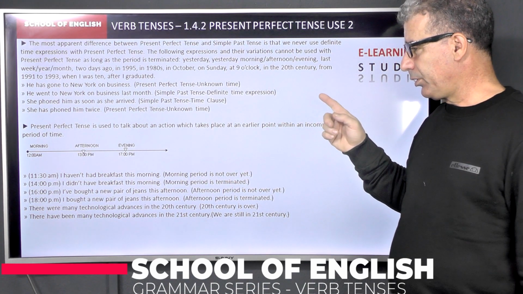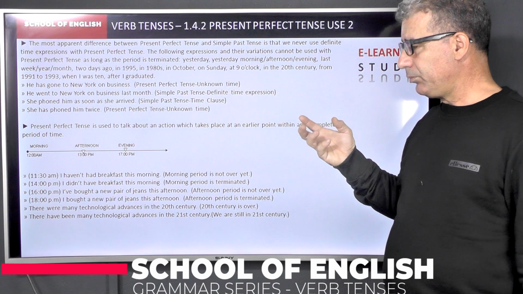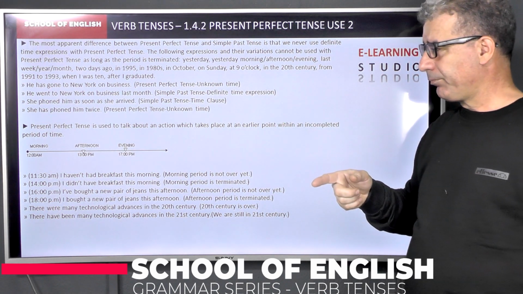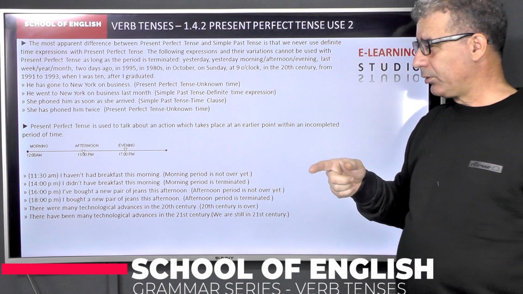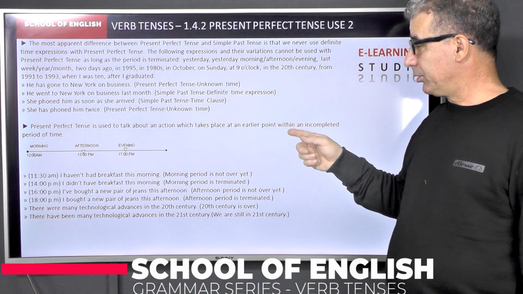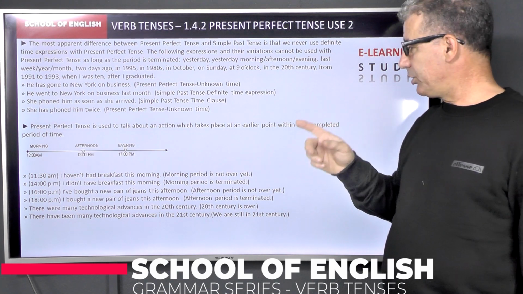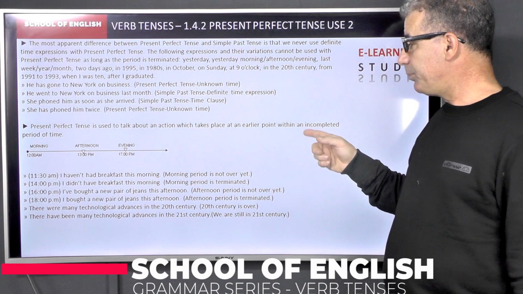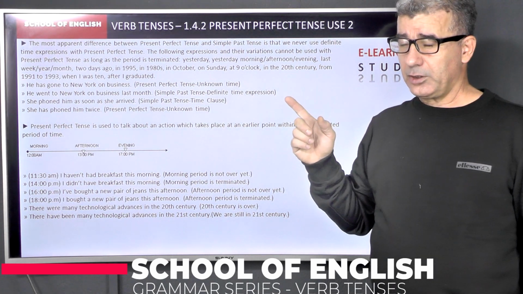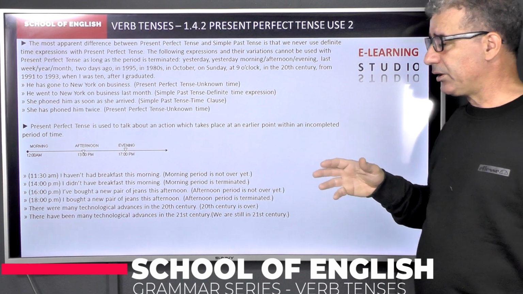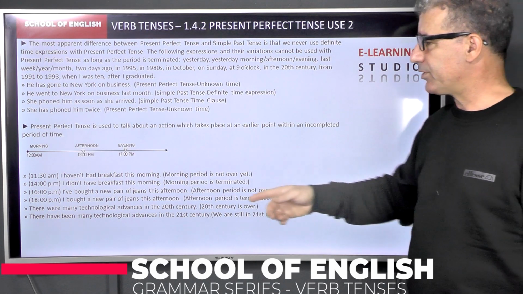So, you can point to a time duration, but what is the condition here? That time duration will not be completed. It should be an incompleted period of time. What do we mean by that? Let's have a look at the examples.